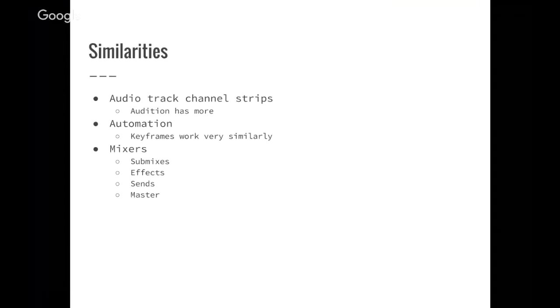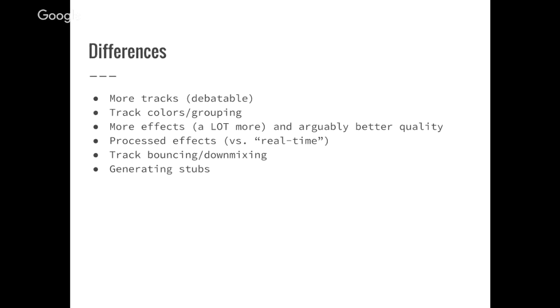That's the good news. The bad news is there are pretty significant differences too. Audition is just for audio. It doesn't really care all that much about the video. You can add a video track to it, but really it's just one video that plays, the picture.